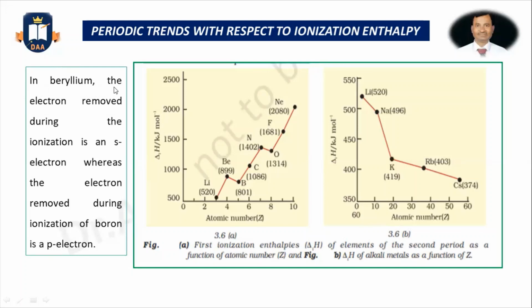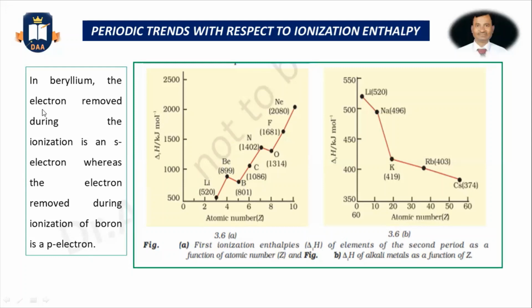In beryllium, the electron removed during the ionization is an s electron, because its outer shell electronic configuration is 2s2, but for boron, the outer shell configuration is 2s2 2p1.